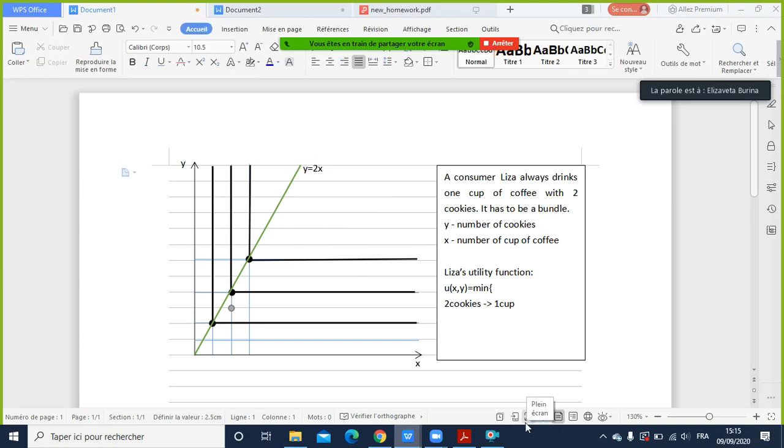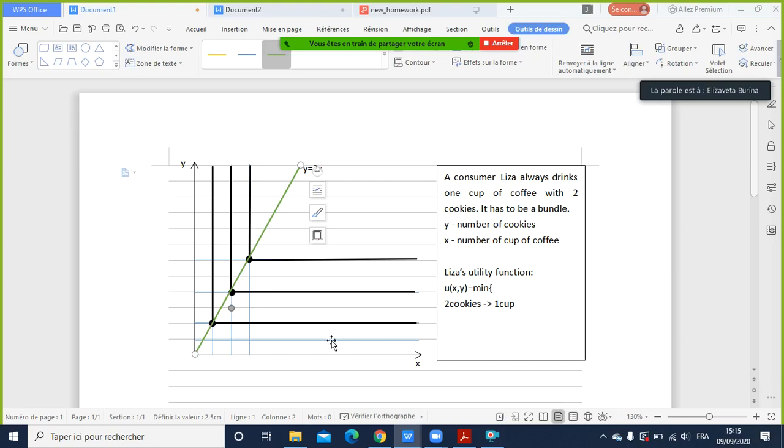Okay, perfect. So now it starts making sense. So to provide at least 1 bundle per each x, I need 2 y. So that means that per each y, I'm going to need, there is no such a thing, okay?